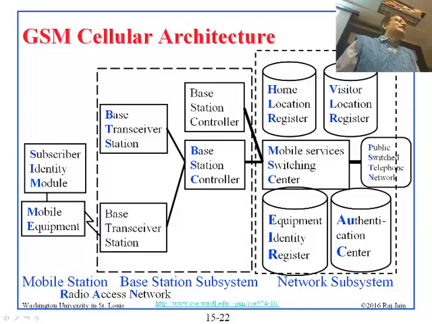This is where they keep all the security stuff and your password or whatever is required to identify you. And the equipment identity register. That's another interesting thing: if a phone is stolen, it is in that register. So that register says this phone is a good phone, this phone is a stolen phone, and so on and so forth. When you make a phone call, that is checked here, that okay, this is a good phone.